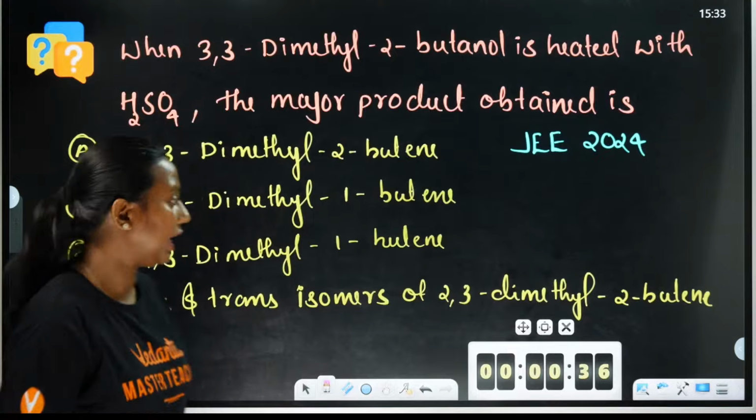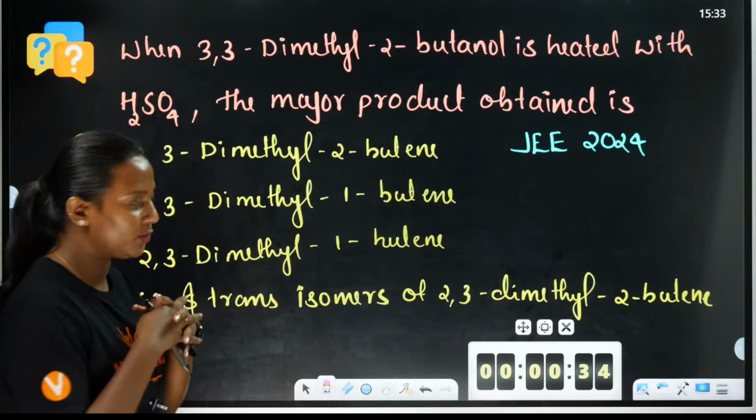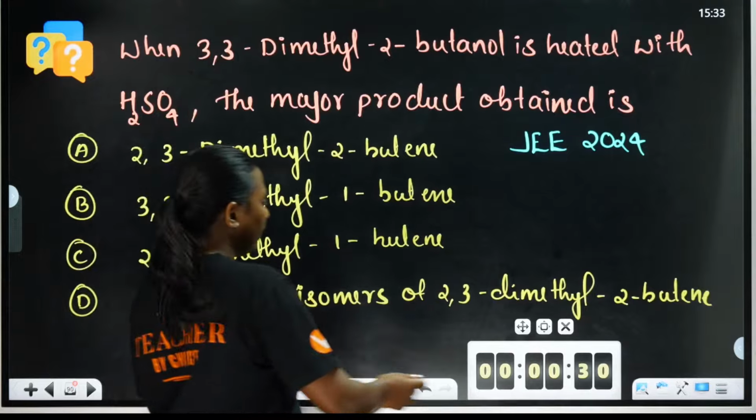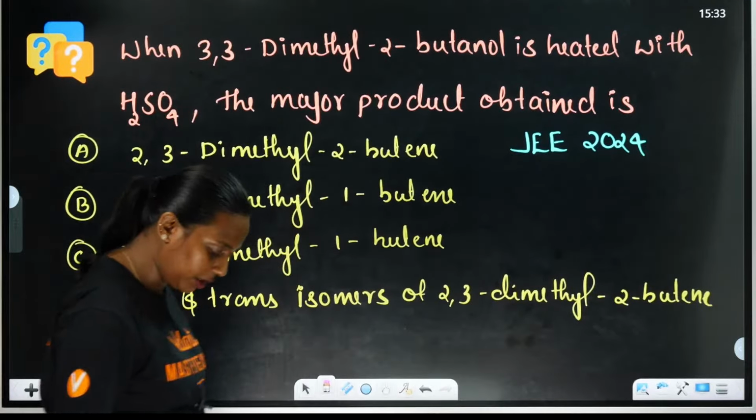Pramika is saying A. Let me check. I also don't know, I also want to check. So, yes, I think we can stop the timer.